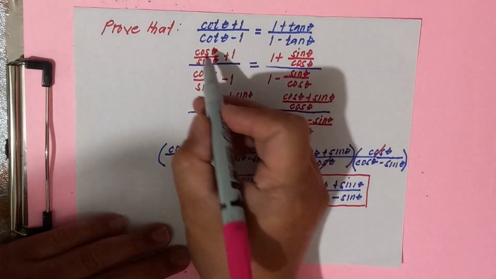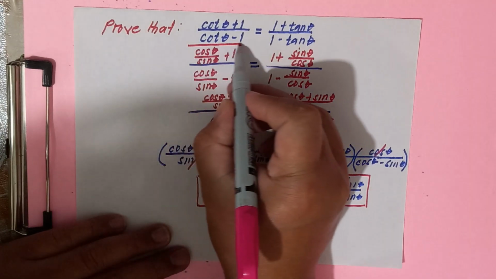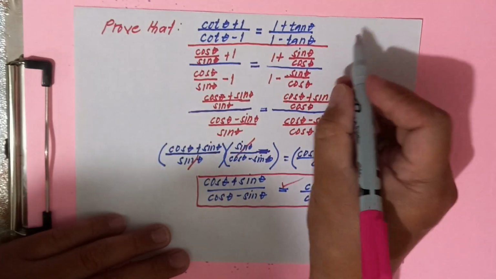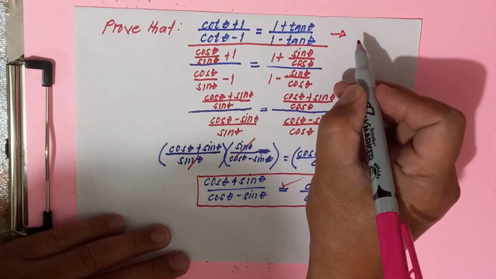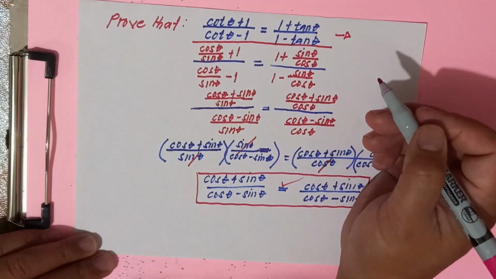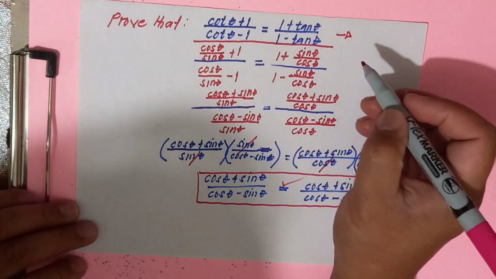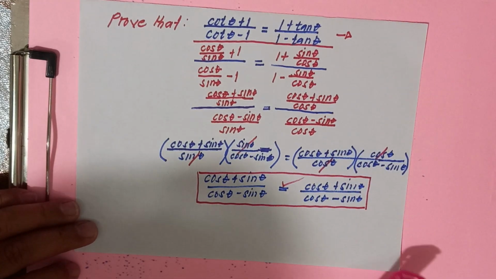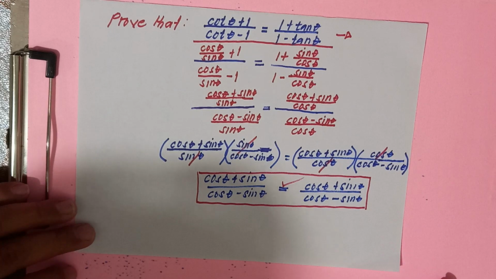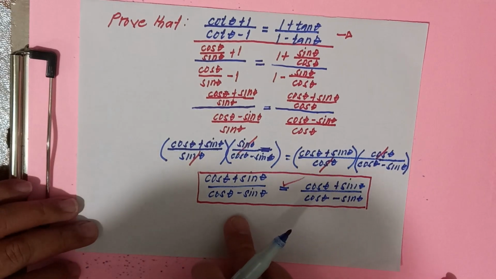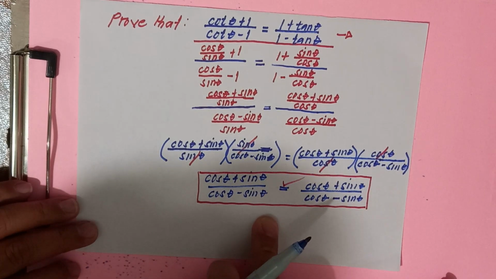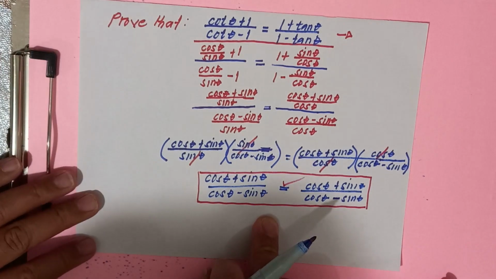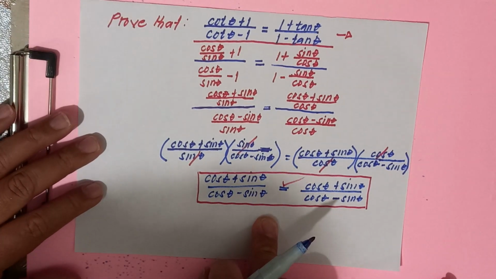So, meaning these are equivalent or they are equal. So that is the proof of the problem. I hope you understand the solution of this problem. Thank you.